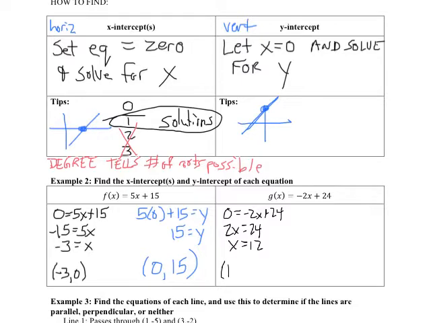Which means we have an x-intercept at 12, 0, and then we do the y-intercept. y is equal to negative 2 times 0 plus 24, and we get y is 24, which kind of jives with our statement that this is the y-intercept for lines. So our y-intercept occurs at 0, 24.